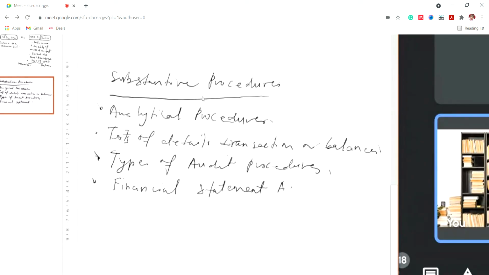As I said earlier, there are no new things on the application of the test. This is only the application of the audit procedure using the substantive procedures.